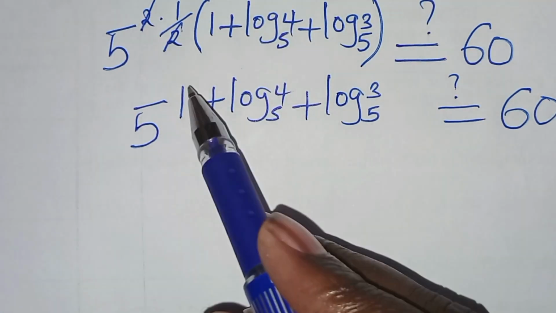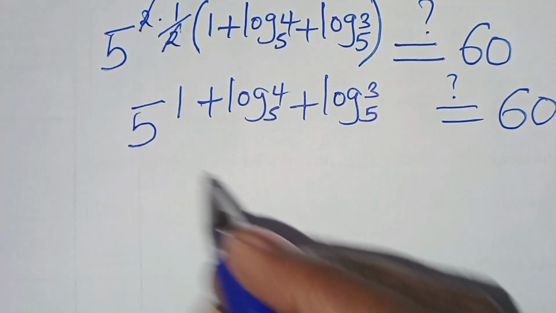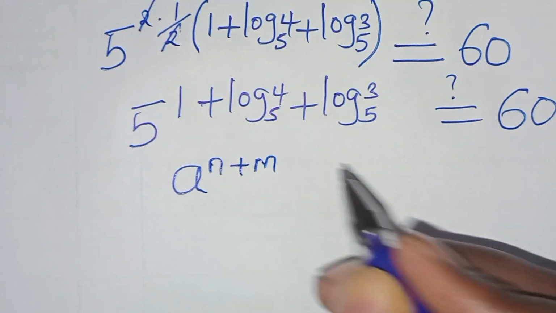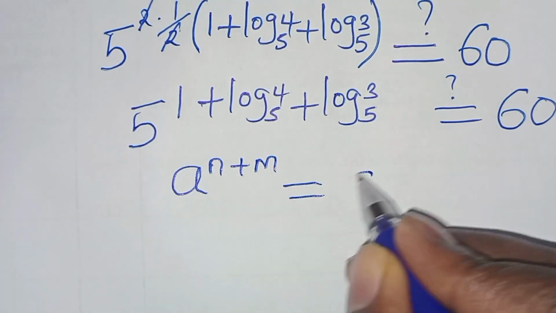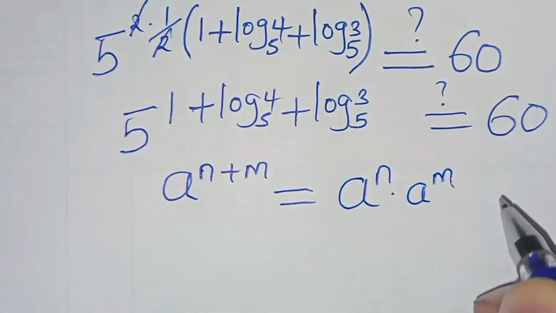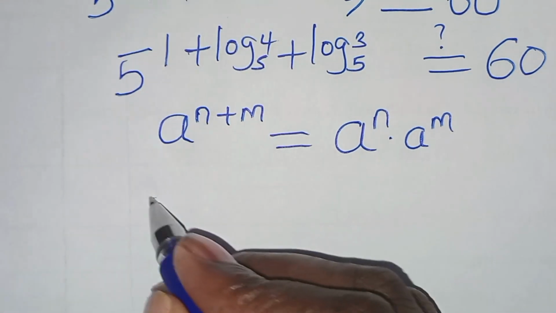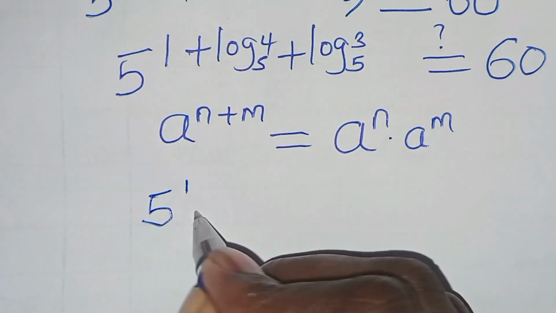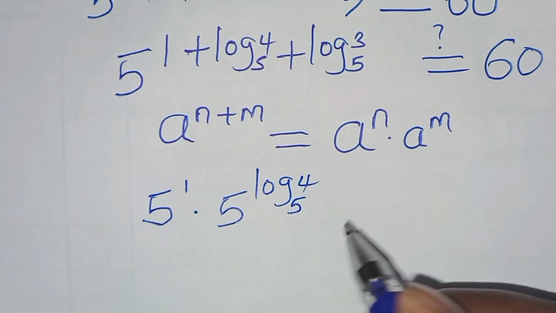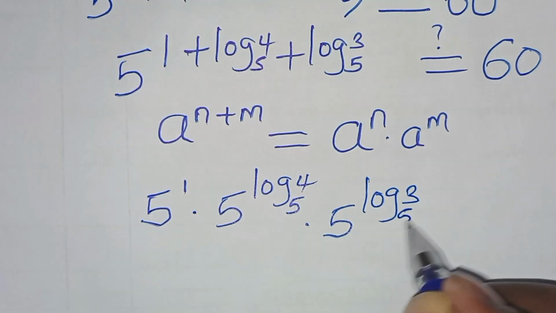Now, 5 to power 1 plus log 4 to base 5 plus log 3 to base 5 is in the form of a to power n plus m, which we can express as a to power n times a to power m. Applying this exponent property, here we have 5 to power 1 times 5 to power log 4 to base 5, then times 5 to power log 3 to base 5.